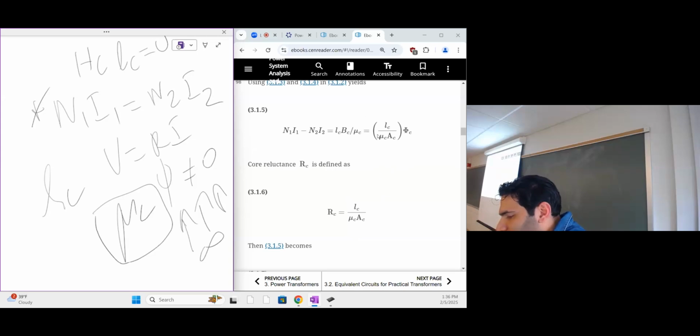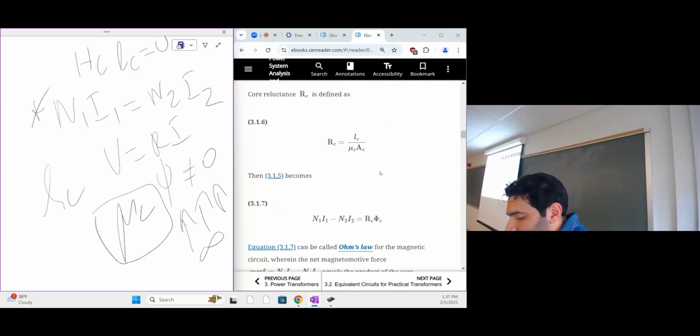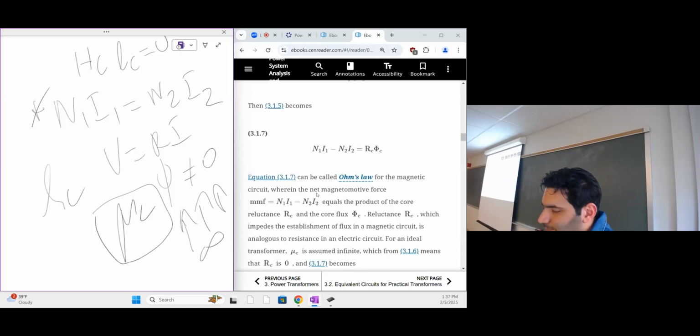So if we take all those values here, we could define them as reluctance. They are called RC, reluctance. So N1I1 minus N2I2 is equal to the reluctance times phi. And here's the equation.